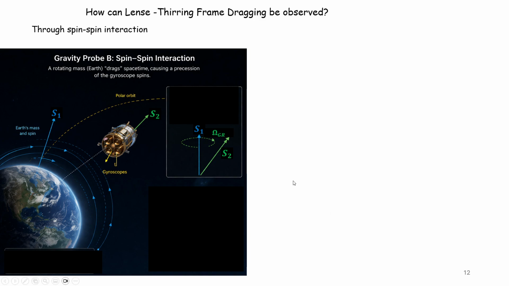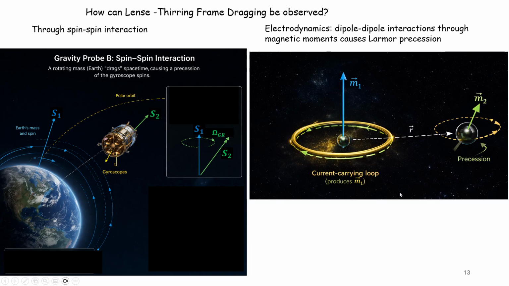So we compare this with electrodynamics. We know that in our approach, electromagnetism and gravitation are equivalent. In electrodynamics, we have one fixed magnetic moment, which is a spin vector, which is, for example, caused by a current carrying loop.